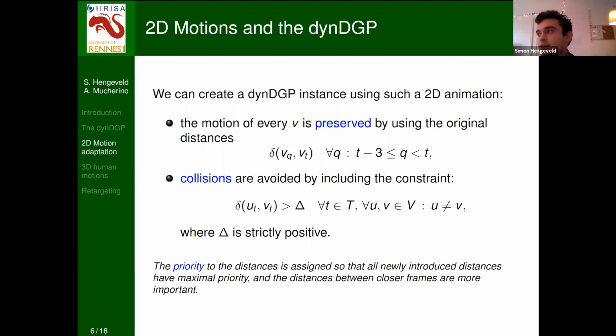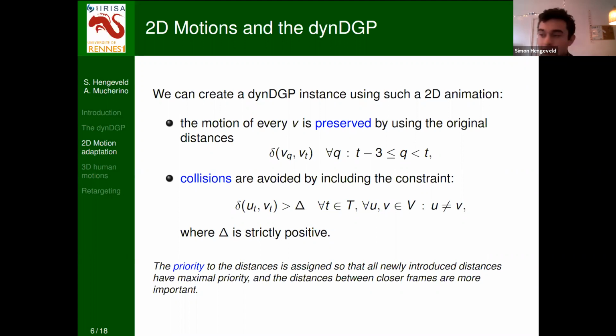Then I will talk about motion adaptation and how this relates to the dynamical distance geometry problem. Given such an animation like the one in the previous slide, we can create a dynamical DGP instance in which we want to preserve the motion. We do this by including the distances between every vertex and itself in the previous 3 frames.